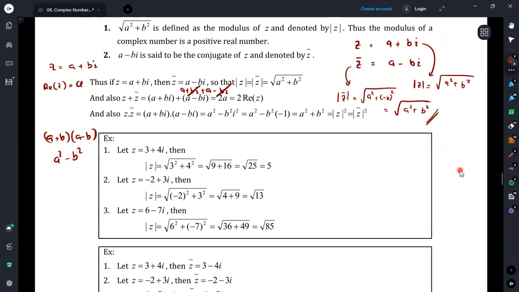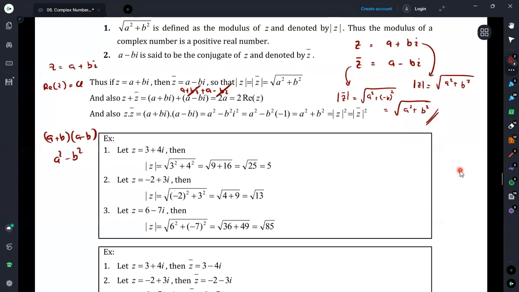Here we'll get the multiplication of a complex number with its conjugate as a squared plus b squared, which is the square of the modulus of the complex number.